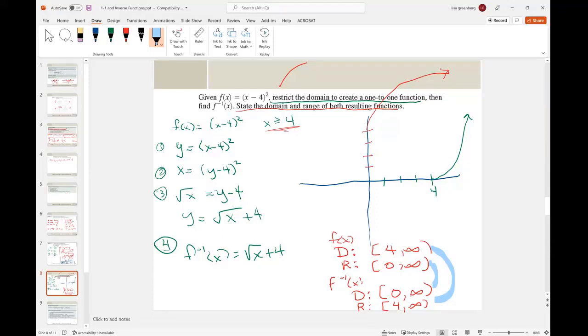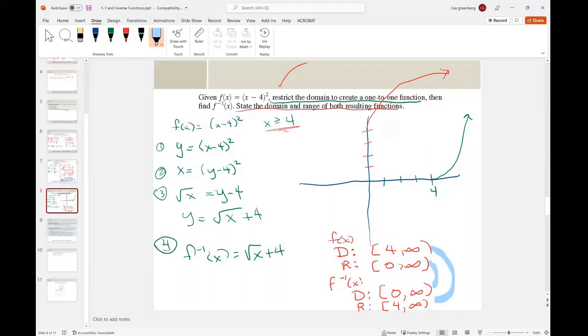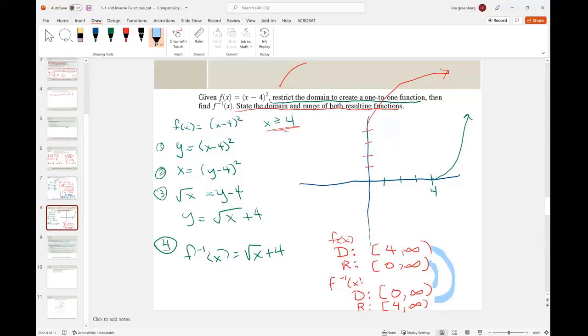The other thing that happens is they are symmetric around this y equal x line. So I'm going to call this y equal x, that line.